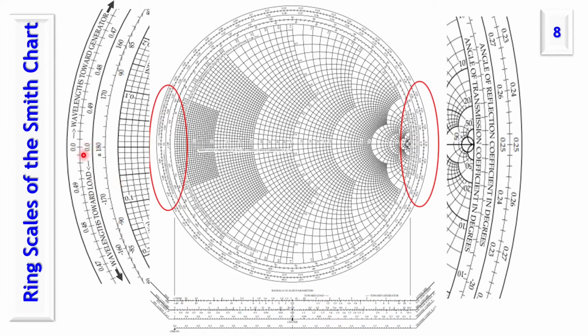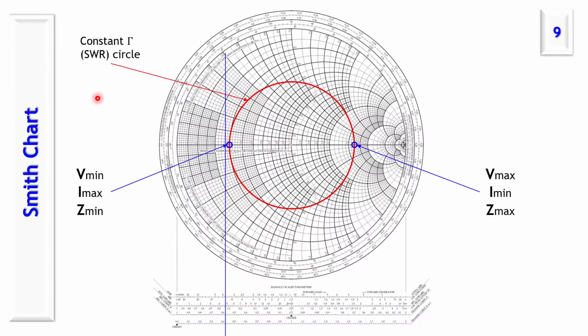Here you can rotate by certain degrees, or you can rotate by certain lengths, because the relationship is that the angle corresponds to 2 beta L. So you can rotate in either direction. This is in terms of the radial scales or the radial motion.